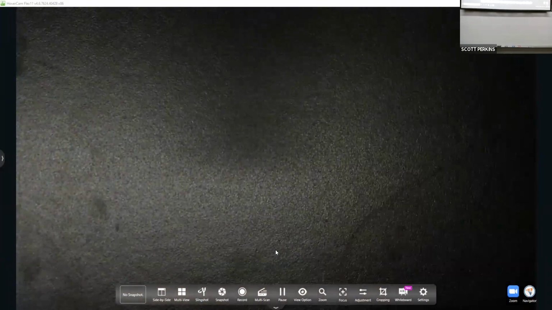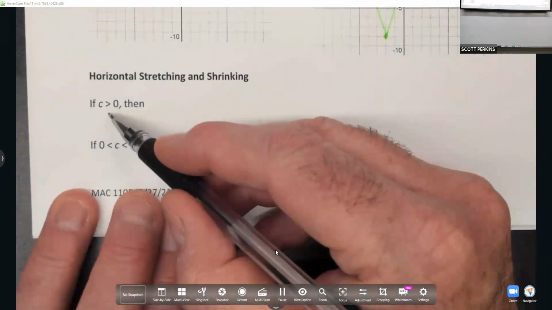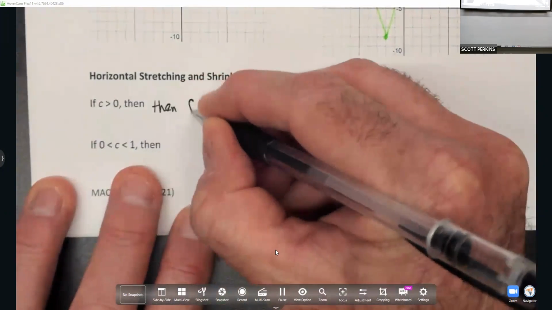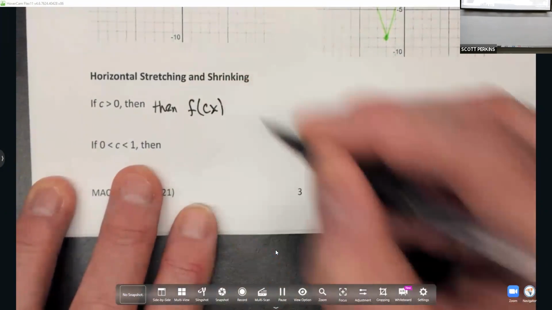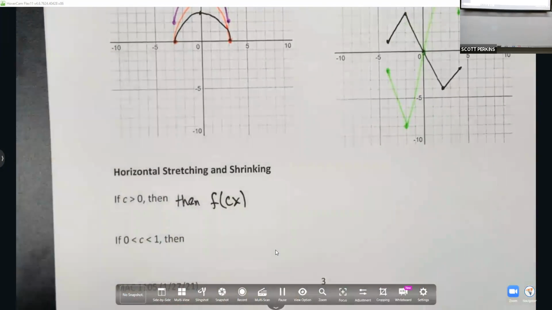Whoops, going in the wrong direction on my notes. So if c is bigger than 0, then f of cx. So notice now, as you're writing, that the c is inside, attached directly to the x.